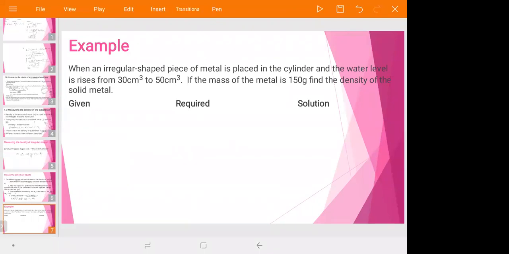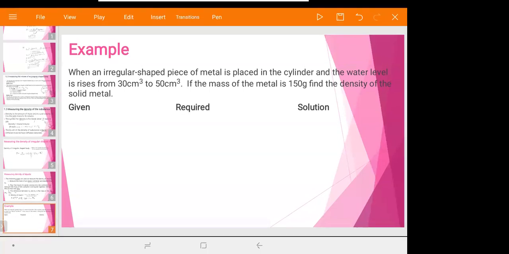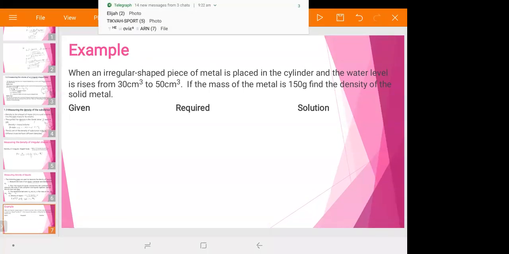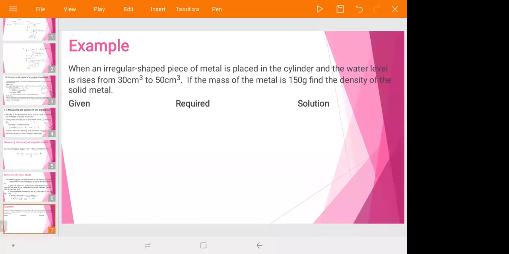When an irregular shaped piece of metal is placed in a cylinder and the water level is raised from 30 centimeter cube to 50 centimeter cube. If the mass of the metal is 150 gram, find the density of the solid. That means this solid is an irregular shaped solid.